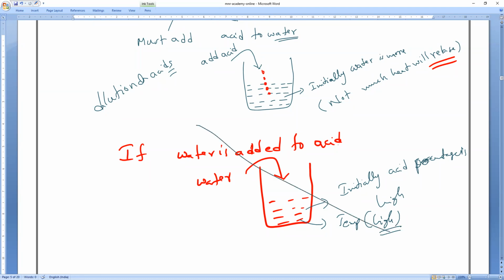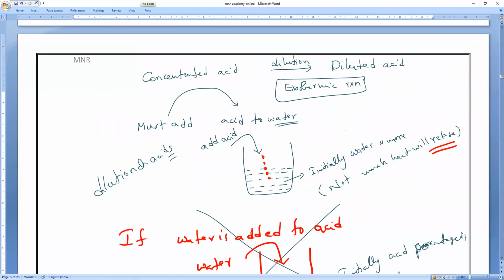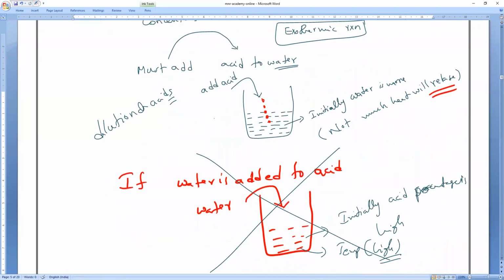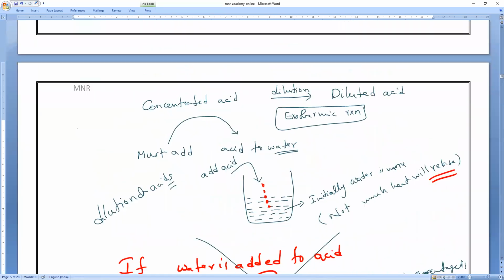So while diluting the acid, we must add acid to water. We take one beaker of water and pour the acid into it, so that more water is present at the initial stage. So it will not release a large amount of heat energy. That is the main thing.